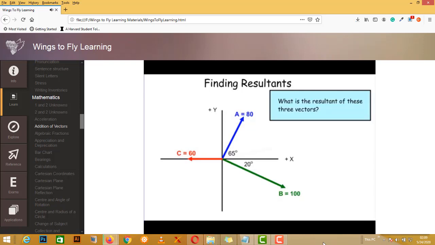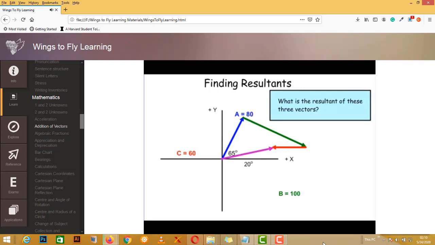So I have these vectors A, B, and C, and if I use the head to tail method, I can take vector B and move it so that its tail sits on the head of vector A, and now I can move vector C and place it head to tail with vector B, and then the resultant connects the beginning or the tail of vector A to the head of vector C. In other words, the beginning to the end, and you have it right there.